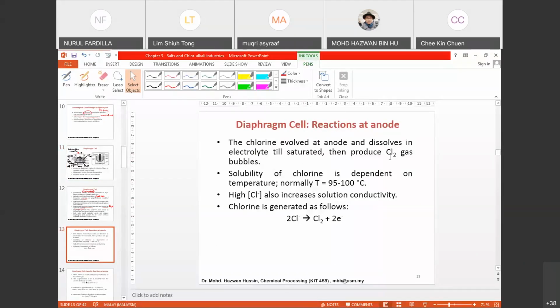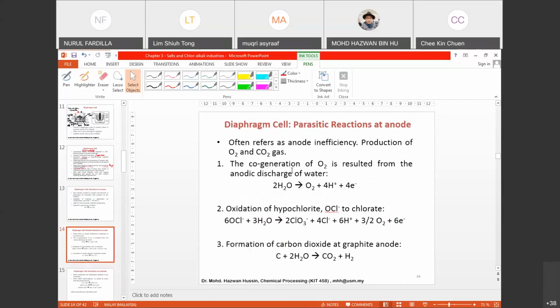Then chlorine gas bubbles are later produced. Solubility of chlorine is dependent on temperature. Normally, it's around 95 to 100 degrees C. High concentrations of chloride ions also increase solution conductivity. So this is basically the half equation at the anode.